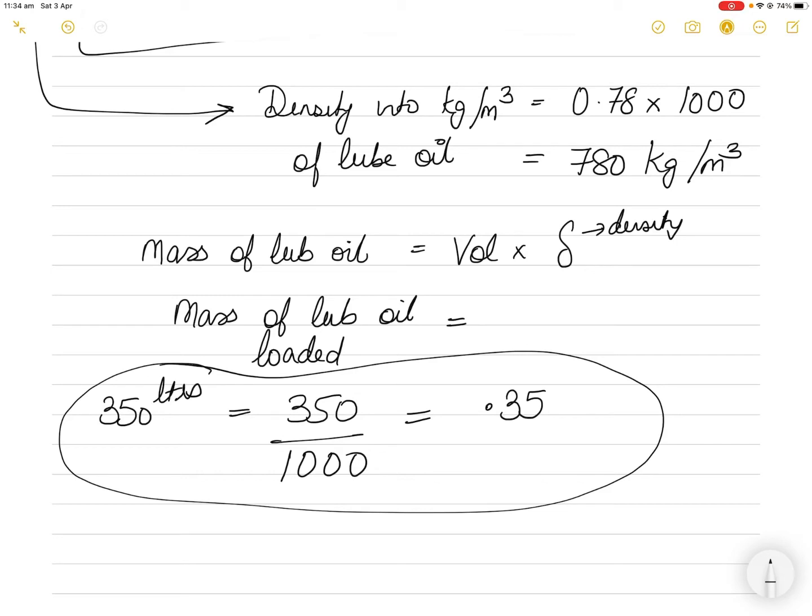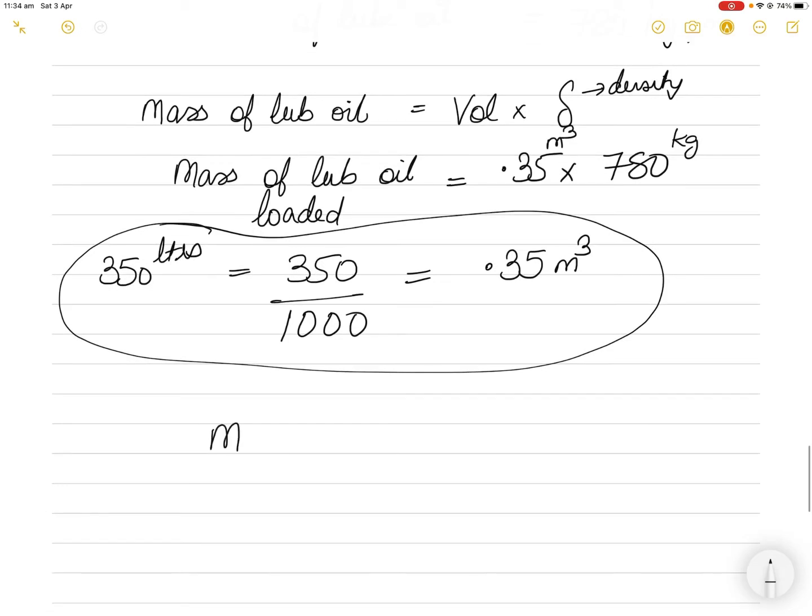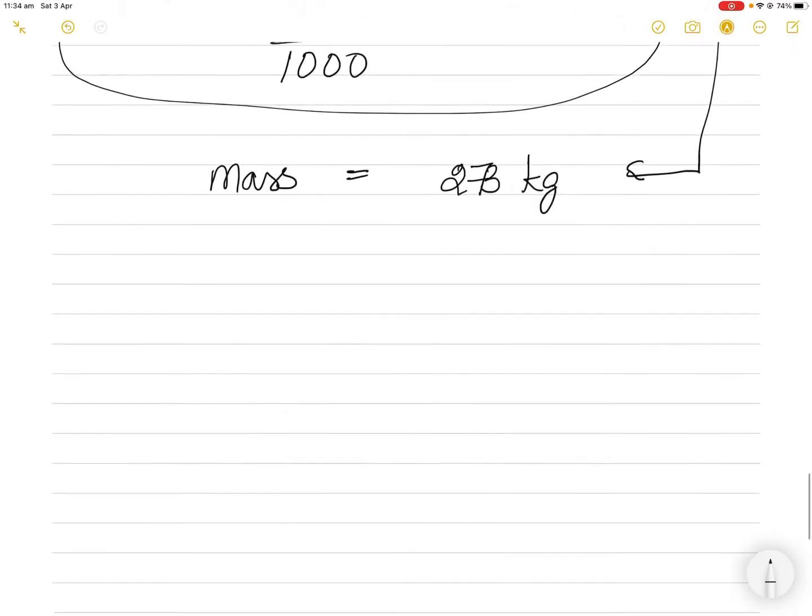All right, so this 0.35 is no longer in liters. Remember, it is equivalent to the volume, which is now in metric cube. So we have 0.35 times density, which is 780. So what have I done? I have kept everything in kg and metric cube. So mass of the lube oil will be equal to 0.35 multiplied by 780, which is equal to 273 kilogram.